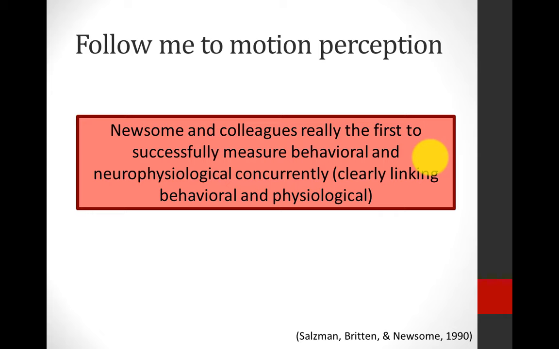Your book makes a nice point of this, and if you ever get online and look at some of the talks that Bill Newsom gives, he's not real shy about saying that his lab was the first one to do this. But it was nice because they clearly linked the behavioral and the physiological. They were measuring these MT neurons while the monkeys were making a response that they had learned.